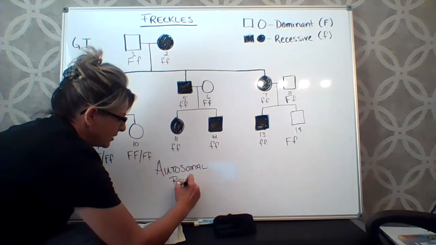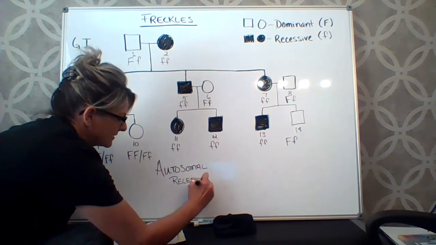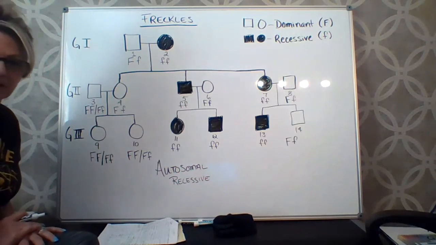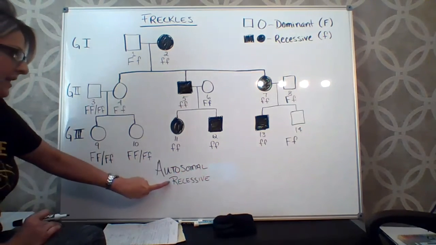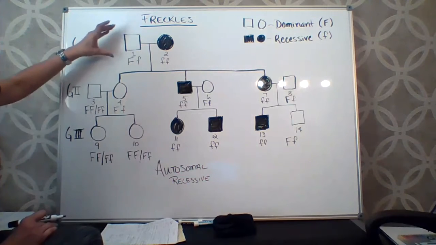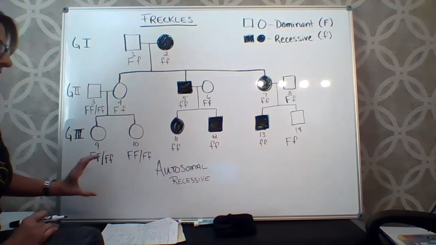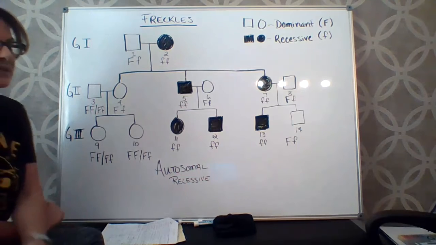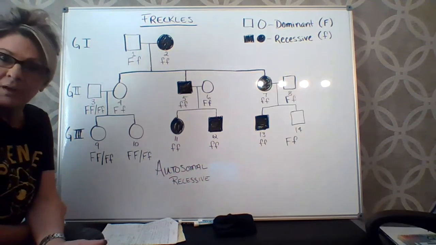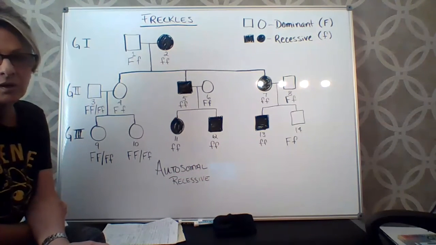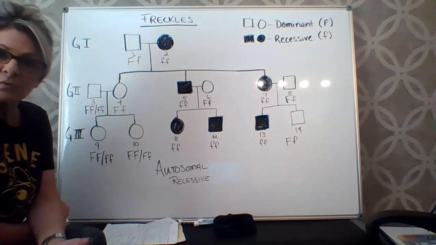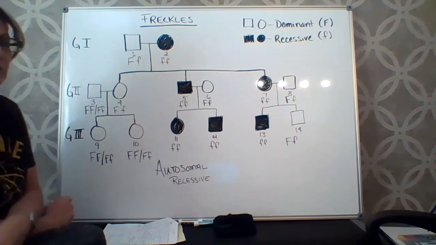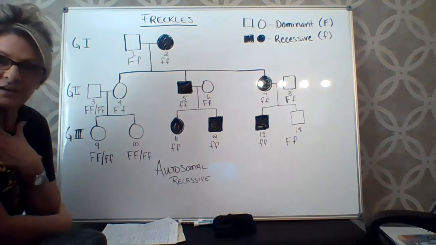Okay, so again, this is an autosomal recessive trait. And it is an autosomal recessive pedigree. In other words, it tracks a recessive trait through different generations. And while freckles may not seem like it's that important, if we were dealing with something like color blindness or another sort of genetic disorder, I would want to be able to track that through and know, am I a carrier?